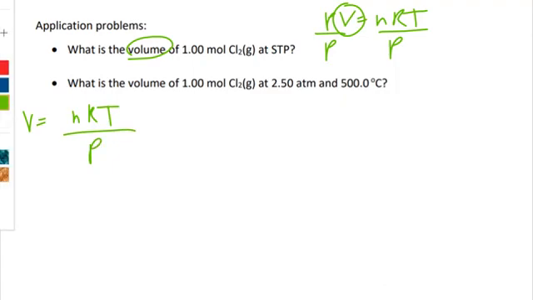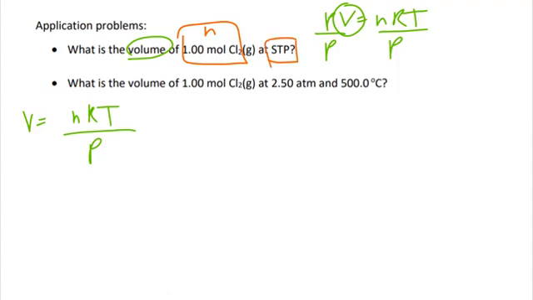I am given 1 mole, so that's my n, at standard temperature and pressure. Remember, standard temperature is 0 degrees Celsius, and that's my T. And standard pressure is 1 atm.